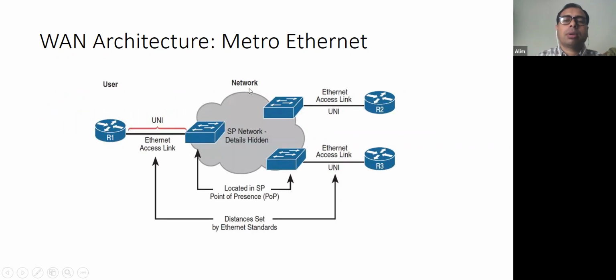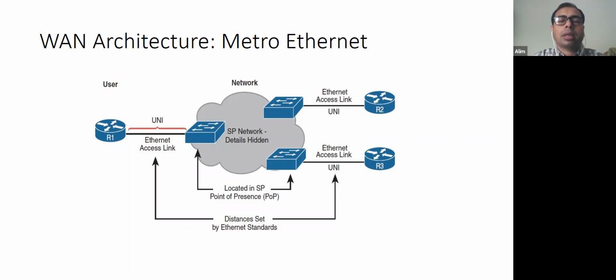Okay, this cloud is Metro Ethernet, and your network has 3 routers: R1, R2, R3. Maybe R1 is at your headquarters, and R2 and R3 are at different locations. So they are connected to a network that is called the Metro Ethernet service provider's network, and it is like you are connected to a switch.